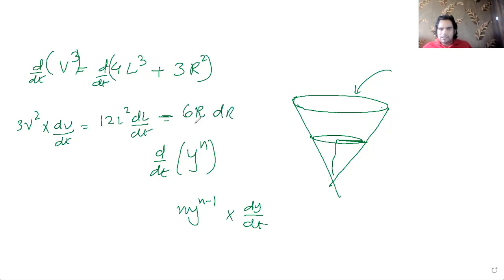Whichever variables you're differentiating, just make sure you multiply with the derivative of that variable with respect to time. This is the key to developing the relation between different functions, which involves related rates.